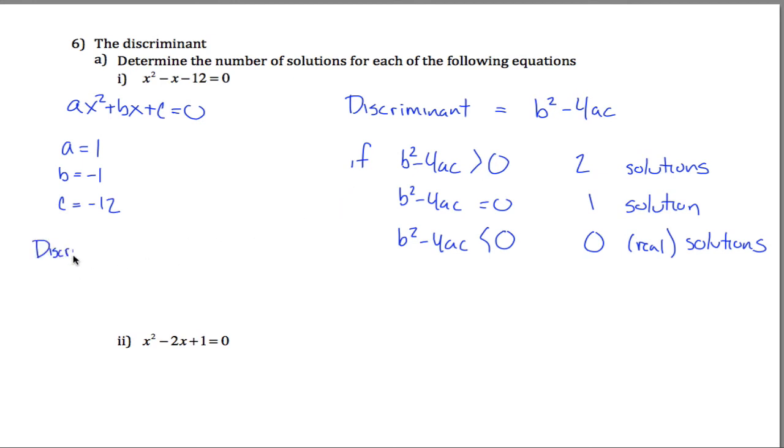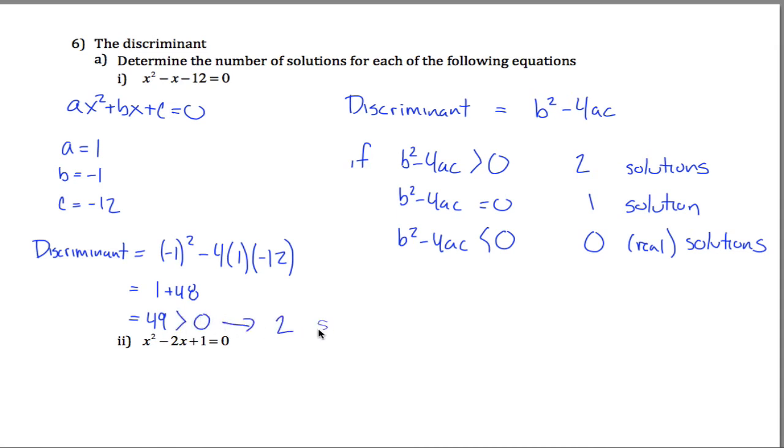Discriminant equals b squared, negative 1 squared, minus 4ac. 4 times 1 is 4, times negative 12 is negative 48, minus negative 48 is the same as plus 48. The discriminant is 49, which is greater than 0. Therefore, I get 2 solutions.